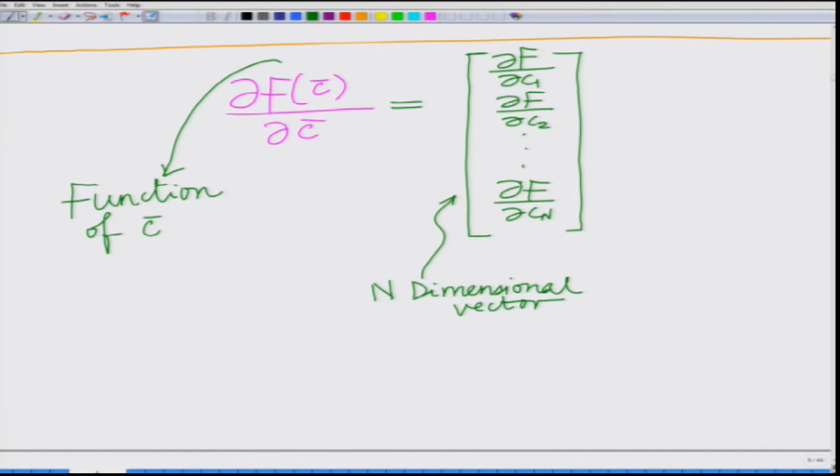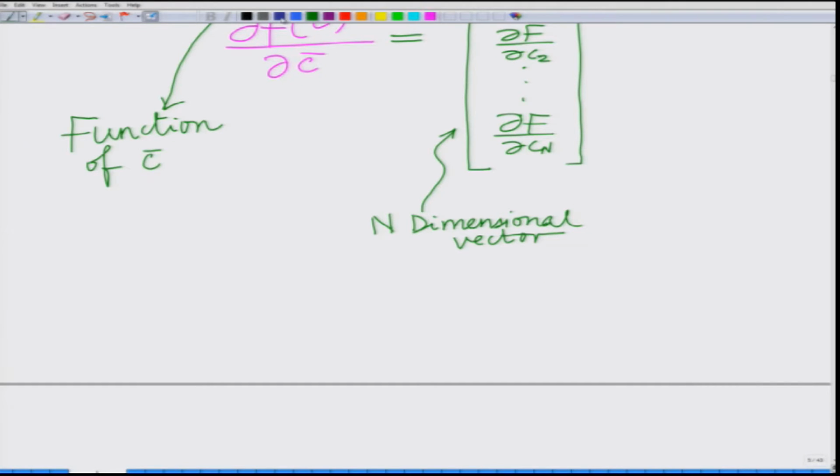For instance, let us take an example. Let us consider a simple scenario where this function f of C bar is k, which is a constant.